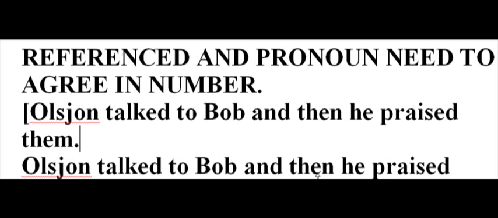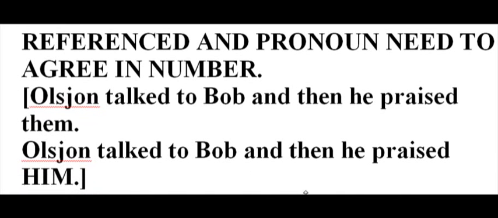However, these are not agreeing in number. Bob is singular, them is plural. They need to agree in number. So we have to change this. We change it by making it say Olson talked to Bob and then he praised him. Because Bob is singular, him is also singular. So that's how we know that this is correct. The pronoun and the referenced have to agree in number.